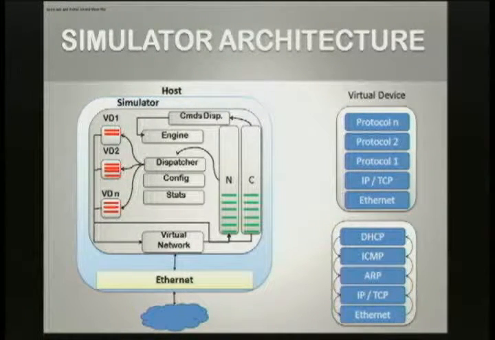The important parts here are the virtual network and the dispatcher. Those are the most important boxes in this graphic, and of course the virtual devices also. What's the idea? The virtual network is the network for everything that runs inside the simulator.